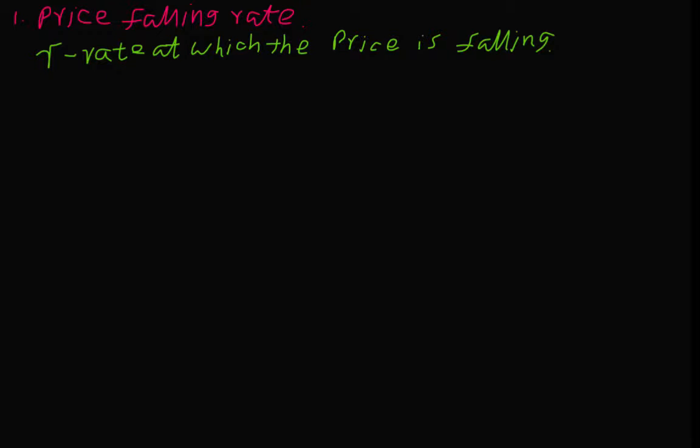Let r be the rate at which the price is falling. In my previous video we used P equals 0.65 minus 0.01t. But in this case, we use r for the 0.01.